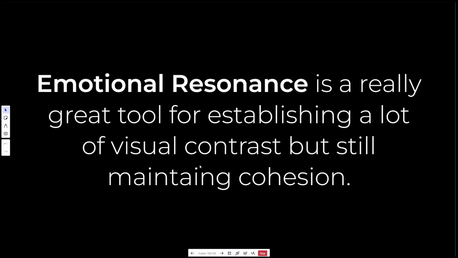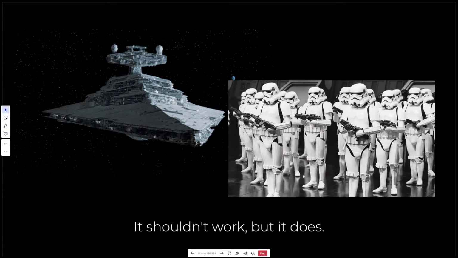Emotional resonance, right? It's a really great tool for establishing a lot of visual contrast while still maintaining cohesion. We saw that with the Star Destroyer and the Stormtroopers. They do not look the same, right? But they still have cohesion. Stuff just doesn't look like this anymore, I think. We don't have this level of contrast.